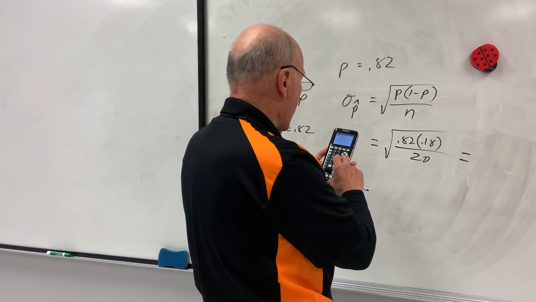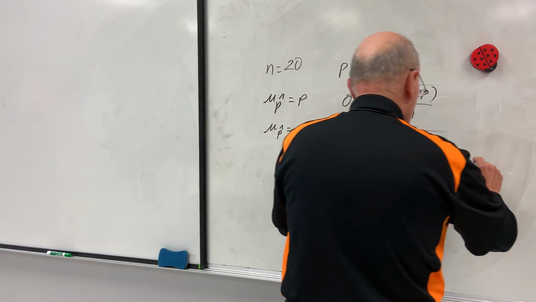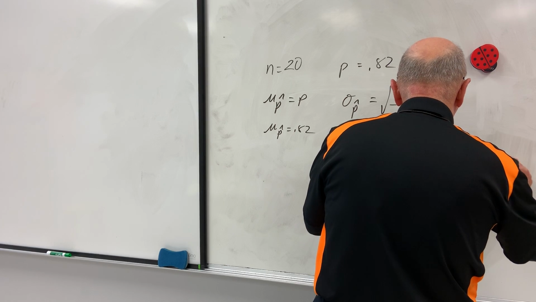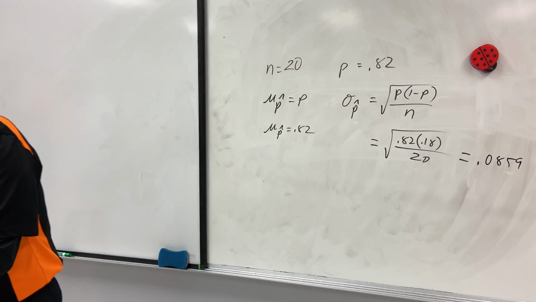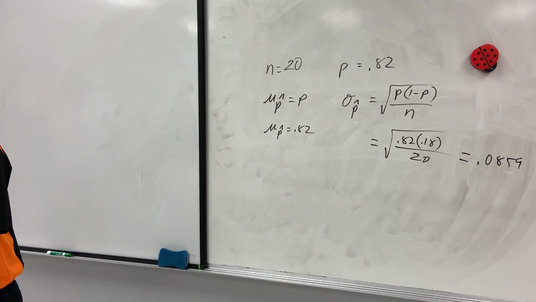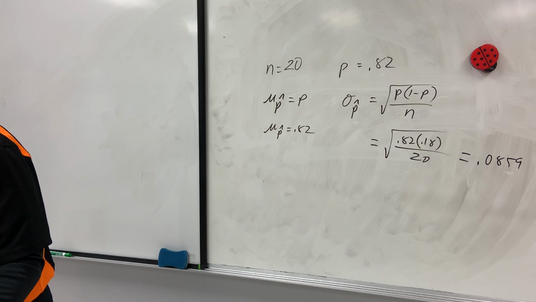Then we're going to arrow down, plug in the 20, and hit enter. And we see that this is 0.0859 and so forth. So we've figured out how to find the mean of p hat and also how to find the standard deviation of p hat.